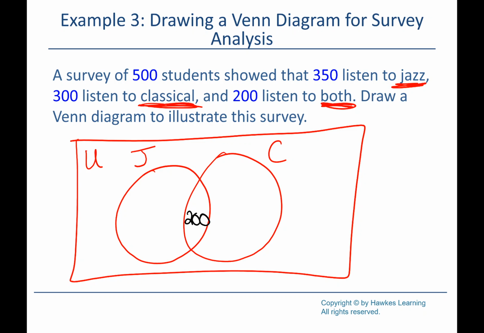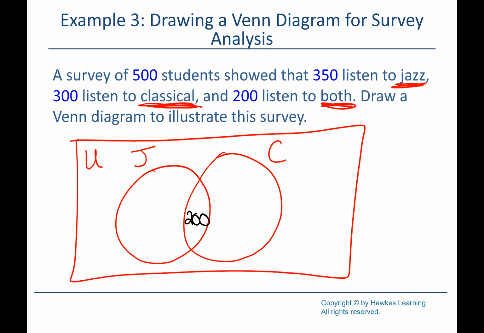And then what about jazz? The question now is how many people only listen to jazz? Well, it gives us 350 listen to jazz, but you have to be careful because you're double counting the ones that listen to both if you do that. So we want the whole jazz circle to total up to 350.